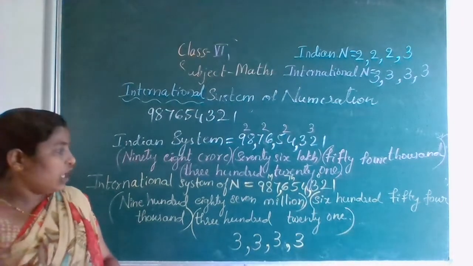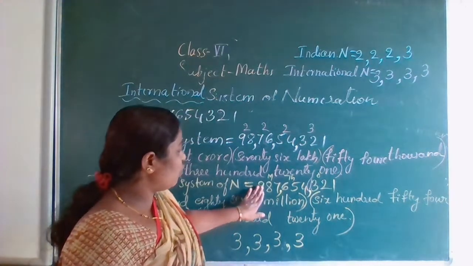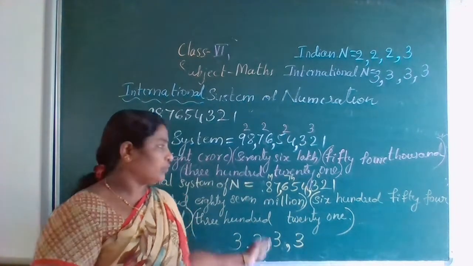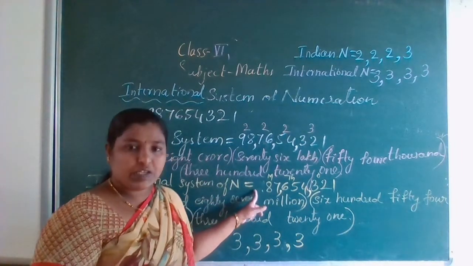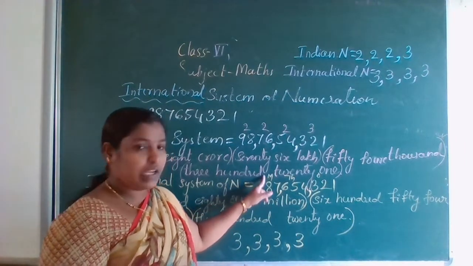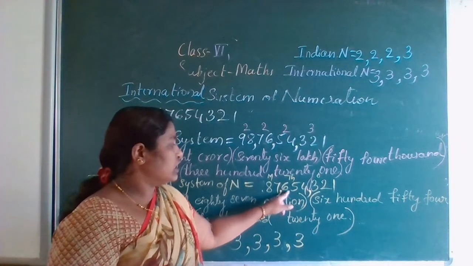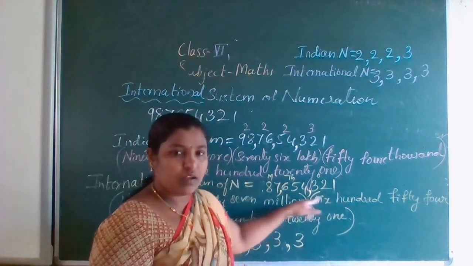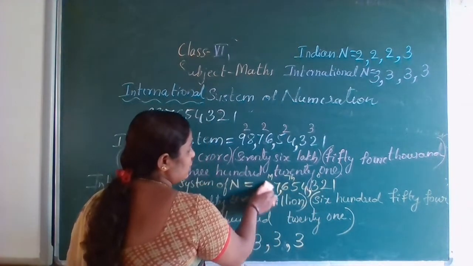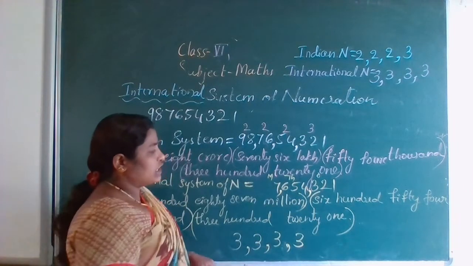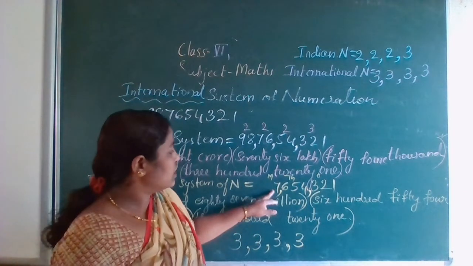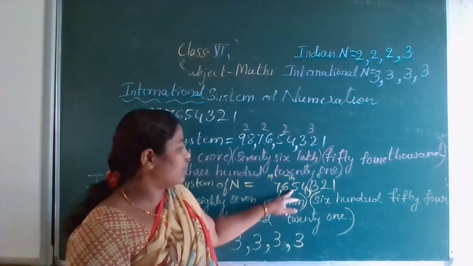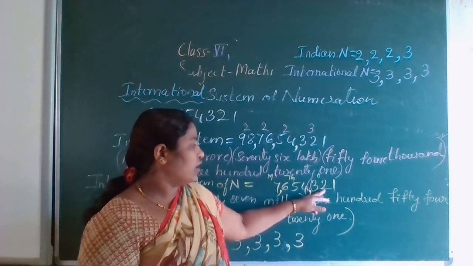Got it? If suppose we have only 8 digits, how to read it? Here no hundreds please. So 87,654,321. Suppose there is a 7-digit number, 654,321.